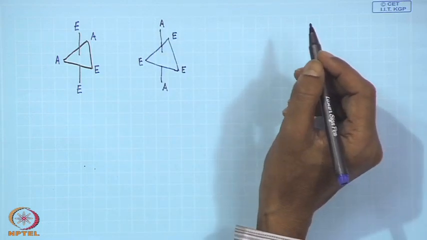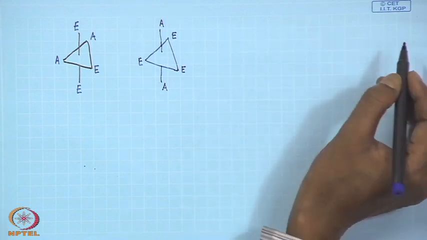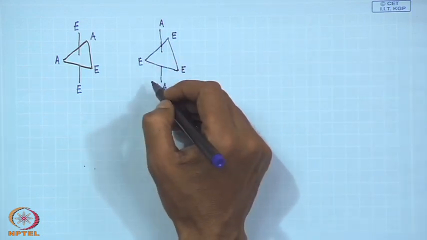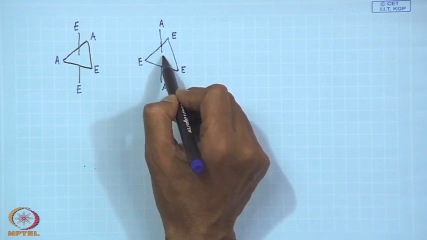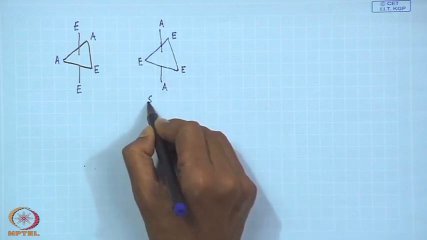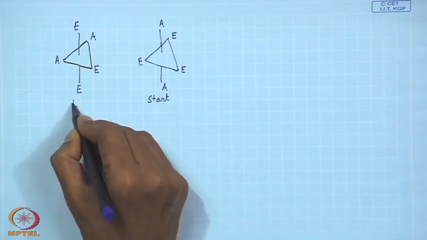So, we find that Berry pseudo rotation can give us some situation where these axial groups for the molecule, this is the start. We have started from this molecule and this is the end product.